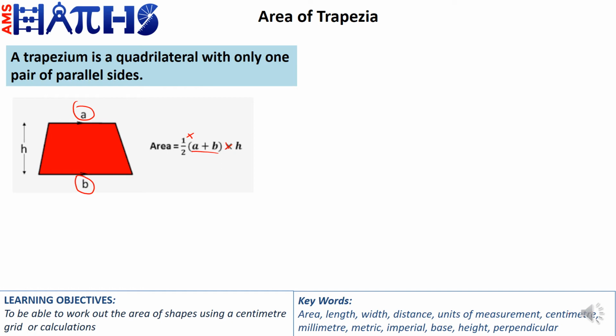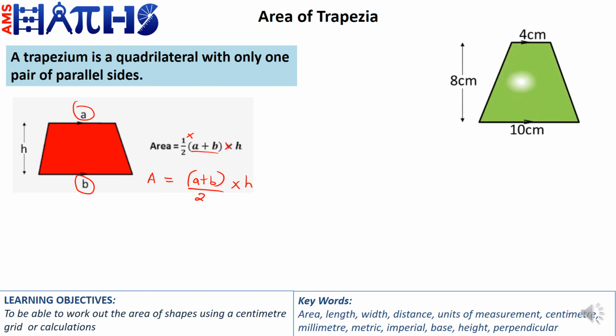Another way of writing this is: area equals the sum of the parallel sides, added together first, then divided by 2, then multiplied by the height. This is a really nice way of getting to our final answer when calculating the area of a trapezium.